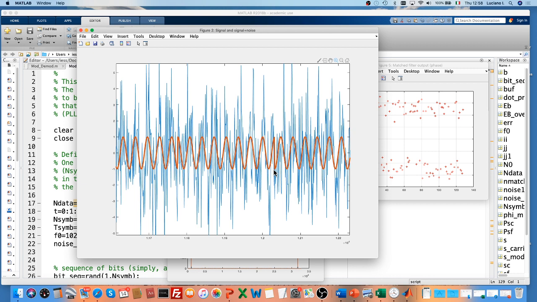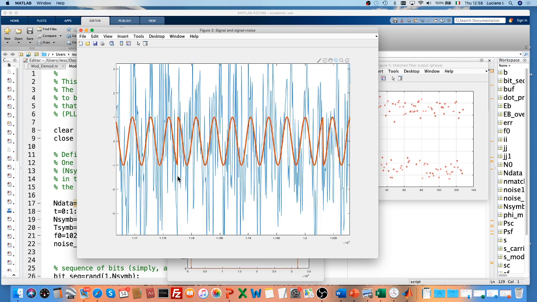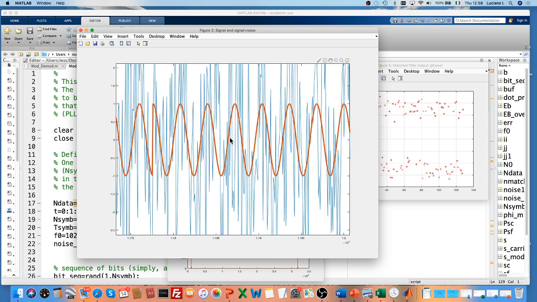But for the goal of this demonstration, this is sufficient. So you know that at least from here to here, from here to here, there is one bit. There may be more than one, actually, because we wouldn't see it if there wasn't a bit change in between.